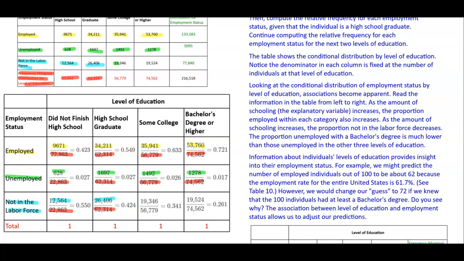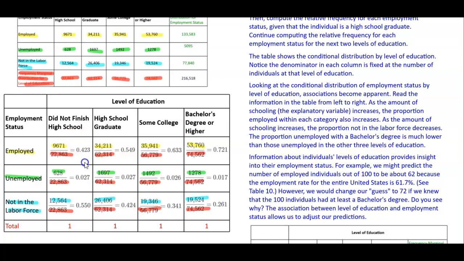Next, for some college, not in the labor force is 19,346, divided by the total in that column of 56,779, to give us 0.341. And the last, for a bachelor's degree or higher, is 19,524, divided by the total in that column of 74,562, to give us 0.261.